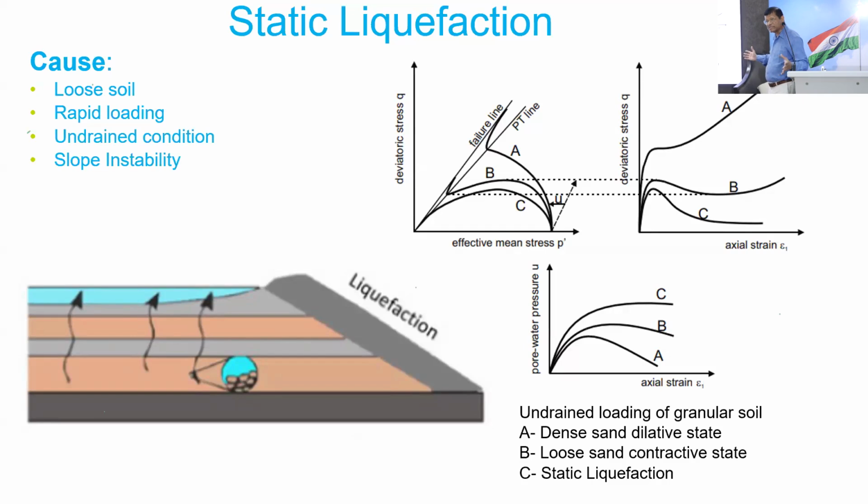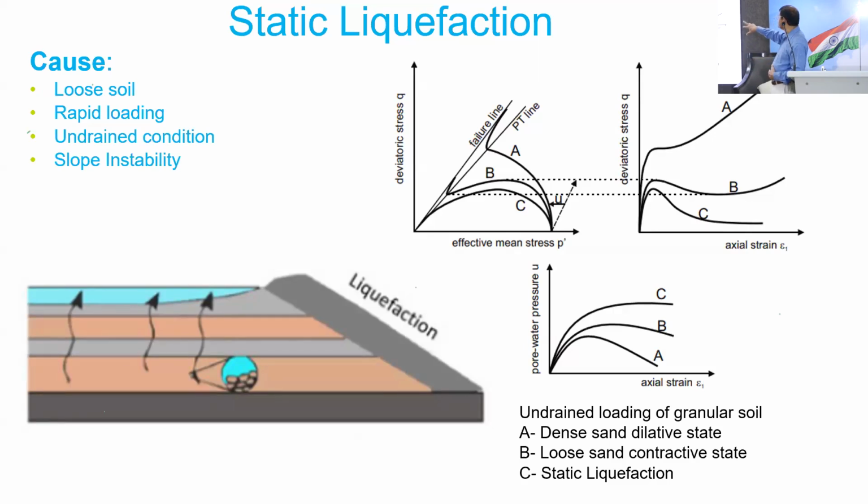Because its strength has now gone. Still, the loose contractive sand has some strength, but once it liquefies, there is no strength. It's the same soil, but it behaves like a liquid. So that's why we call it a liquefaction process.